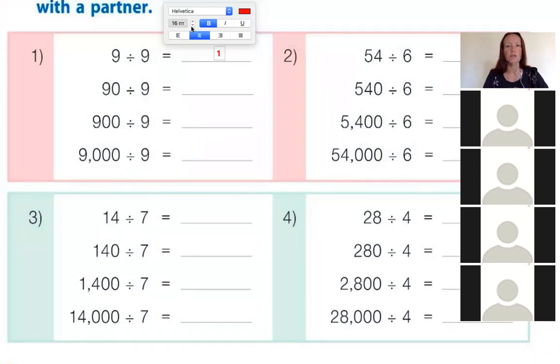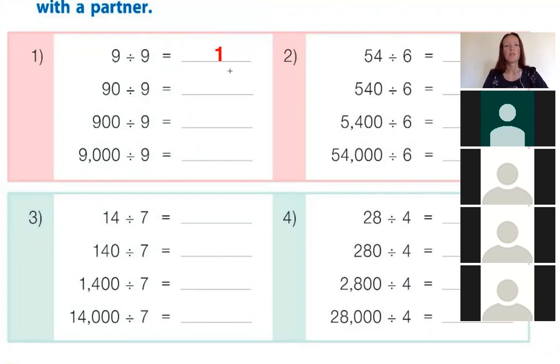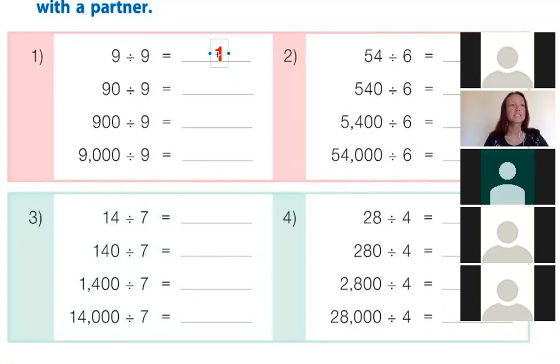Okay, next one. Porter, same, please. 90 divided by 9.